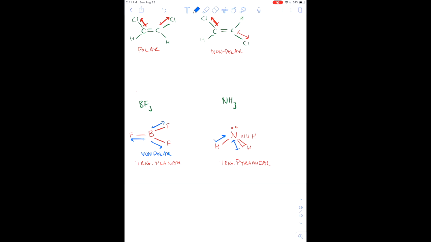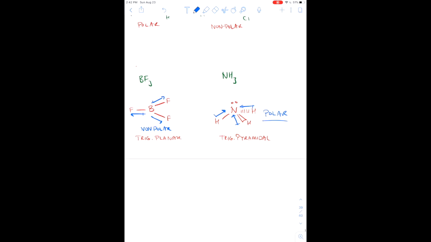And then the nitrogen-hydrogen bond is polar too. And if that were planar, it would be nonpolar. But since it is trigonal pyramidal, it is polar because it has a general net dipole pointing upward. Okay. So that's why it's important to know how to draw your structure. All right. Thanks. Bye.